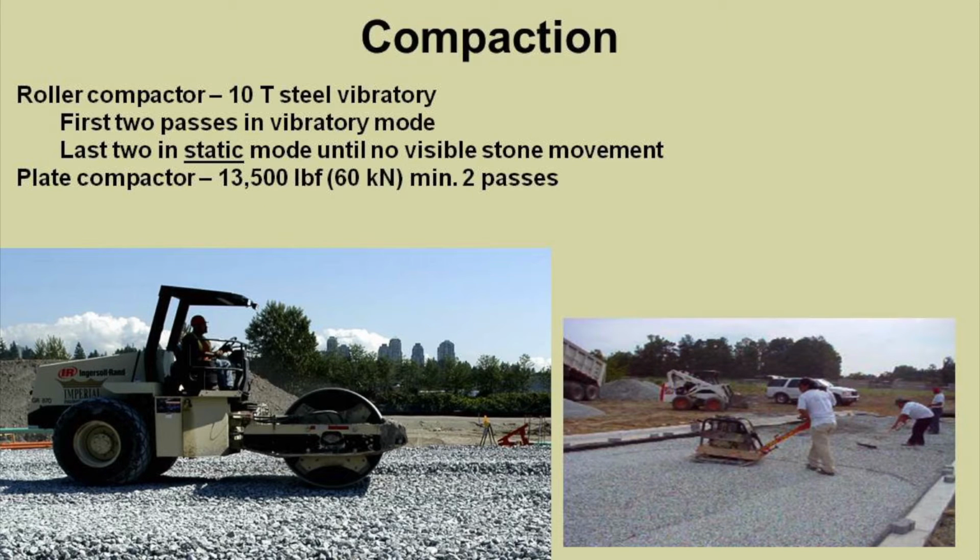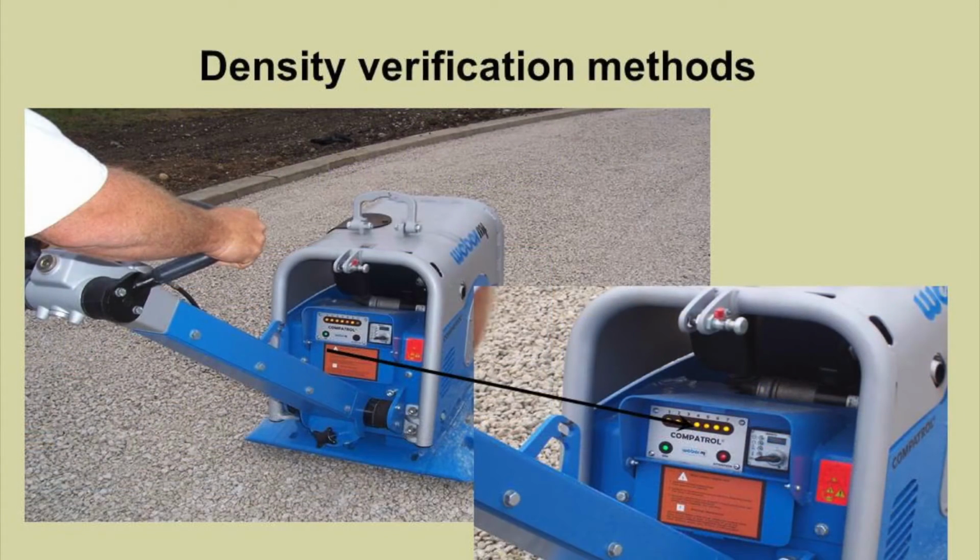You typically would want to go out and have so many passes with the 10-ton roller or so many passes with a 13,000 foot-pound compactor. These are not light-duty compactors. These are heavy-duty equipment, and some of the newer ones actually have little compaction gauges on them. I used to always tell when I was doing a paver installation, if my compactor, a smaller one, was over compacting the area, if it started bouncing, I usually knew I was dense enough.